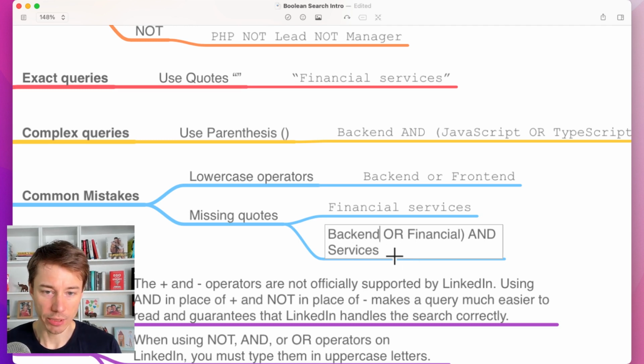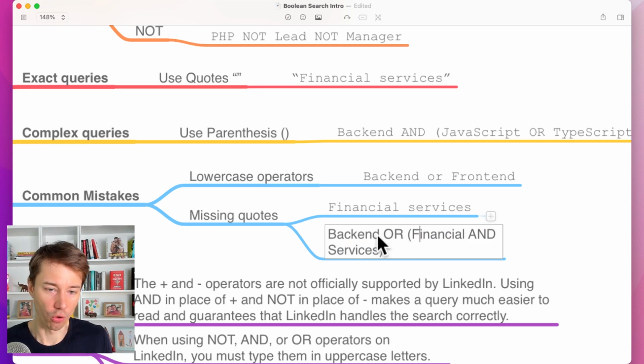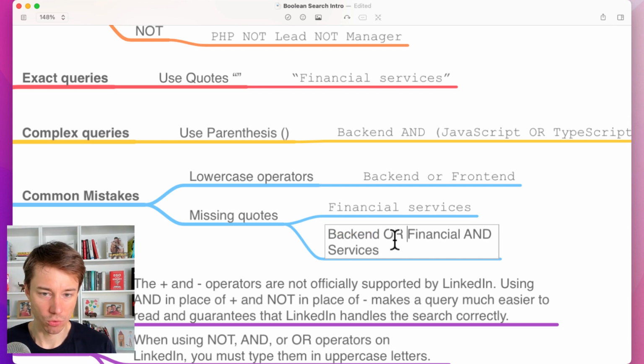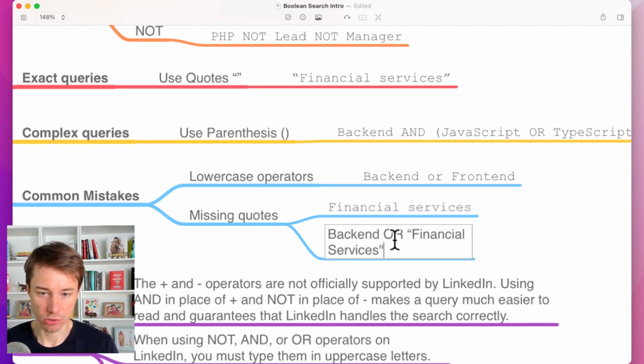Or LinkedIn may interpret it as backend or financial and services. So at first it prioritizes this part, so financial and services or backend. So in any case, you may get people who you just didn't want to have in the search result, and that's why it would be best to have backend or financial services.